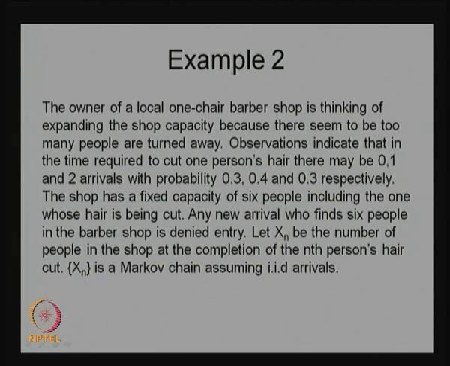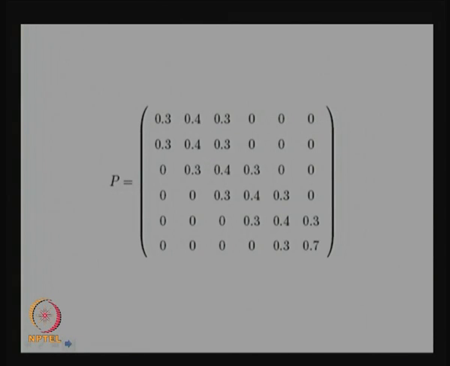So, in this example, our interest is to find the one step transition probability matrix. The possible states S are 0, 1, 2, 3, 4 or 5, because the capacity of the system is 6, and whenever the nth person leaves, we ask how many people are in the system.